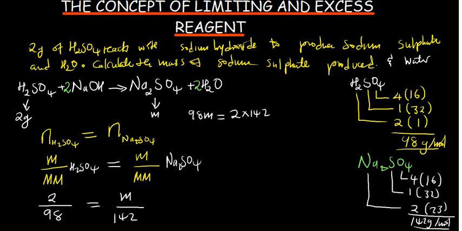If I want to remain with m, I'm going to divide both sides by 98. This one cancels with this one. So mass is equal to 2 times 142 divided by 98. That is going to give us about 3.0 grams.